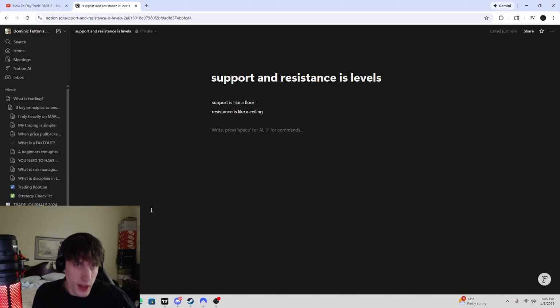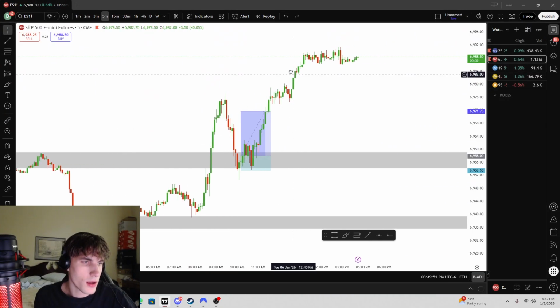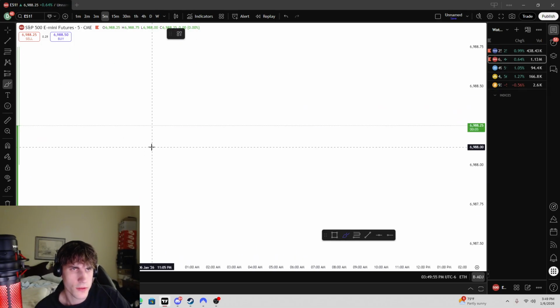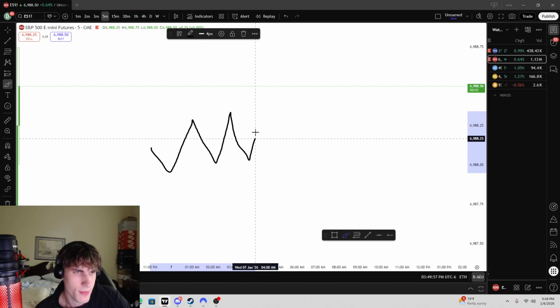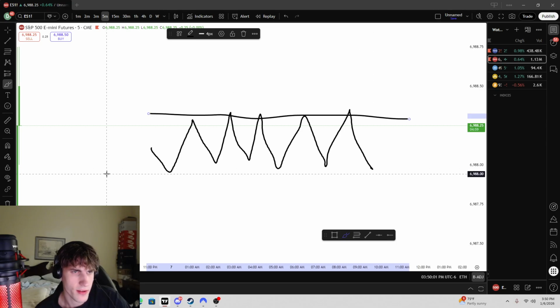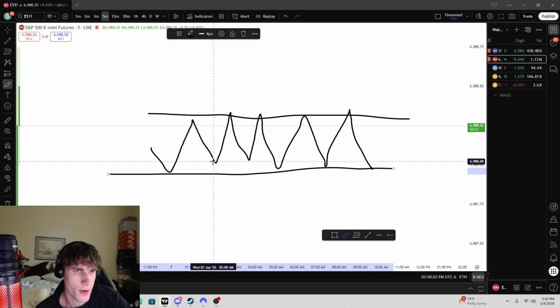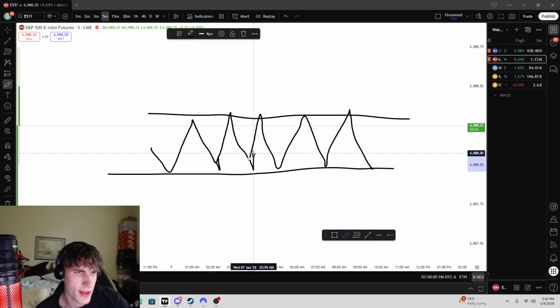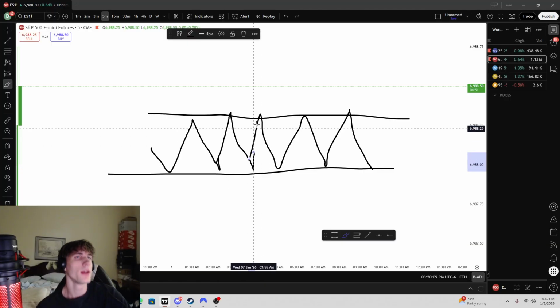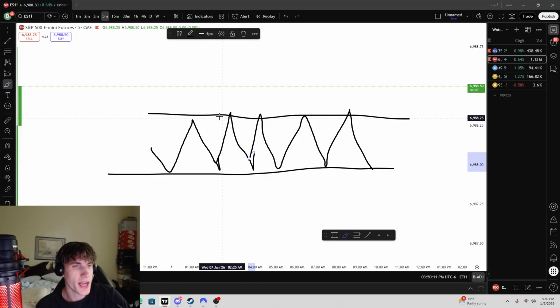So I'll draw it out on the chart. Let's say this is your resistance, this is your support. Price is staying in between these levels. Now, I'm sorry I can't do a perfect Picasso, but this is what we got.